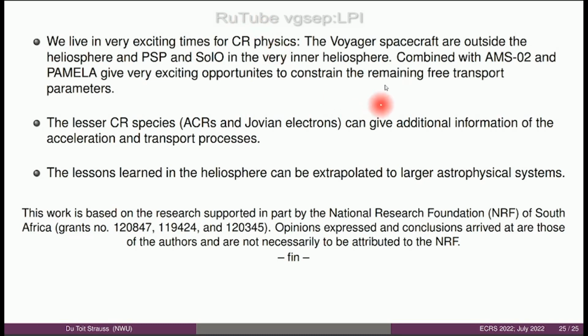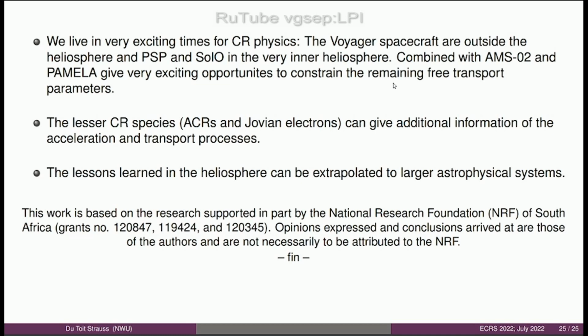And at Earth, we have the very high precision AMS-02 and previously PAMELA data. Combining these observations in some way, as I hope I showed for some examples, can really give a lot of information on how these particles propagate in the heliosphere, which is interesting in itself.